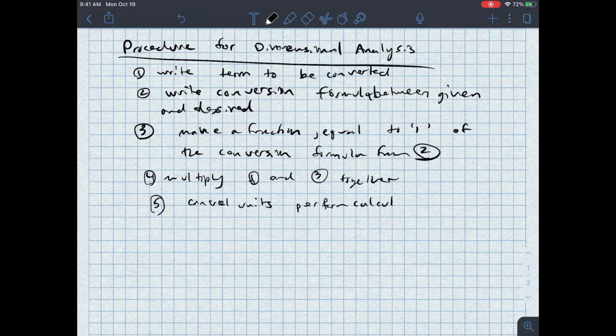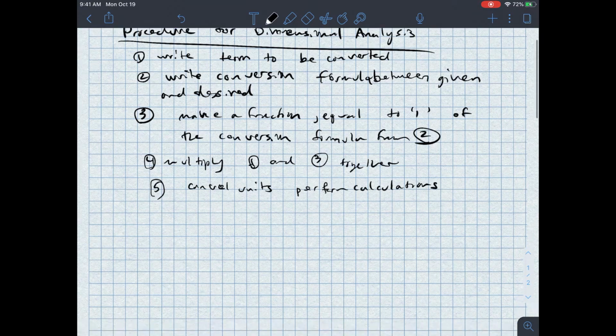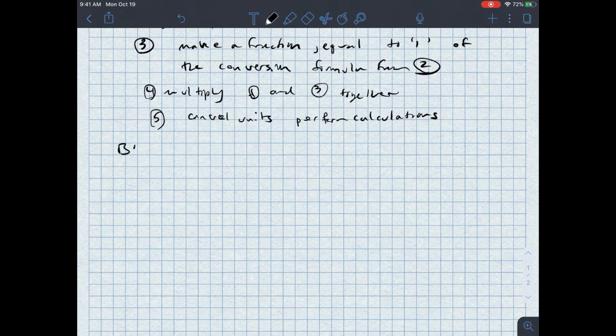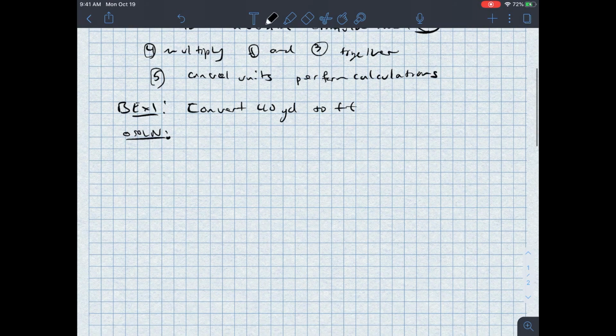So let's look at an example. Let's convert 40 yards to feet. So we start with step number 1, which is to write the given unit. Then the next thing I need to do is look at the conversion factor between feet and yards.